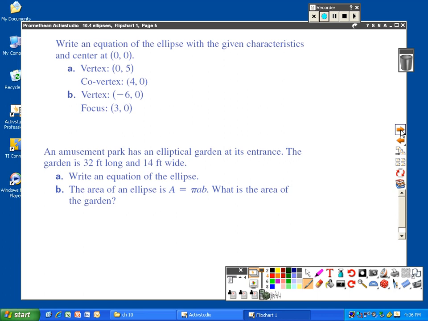Now, let's see if you can just write the equation if I give you pieces. It says this ellipse will have its center at (0, 0), so h is 0 and k is 0.